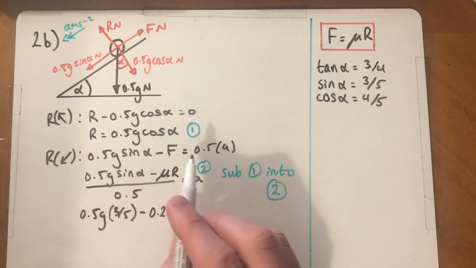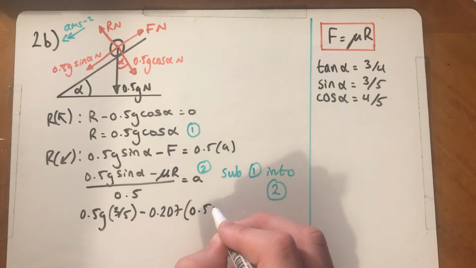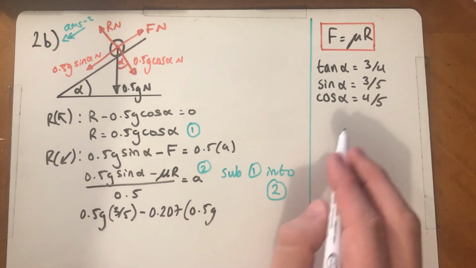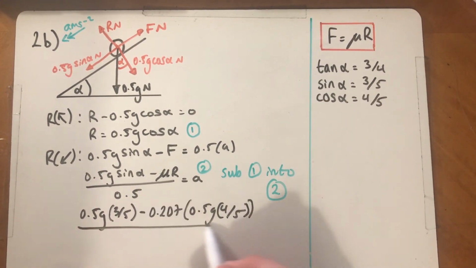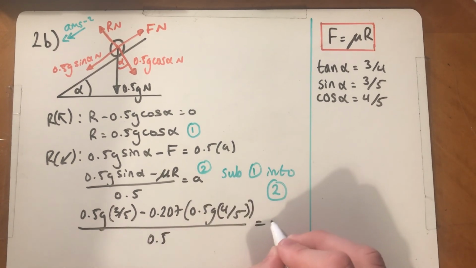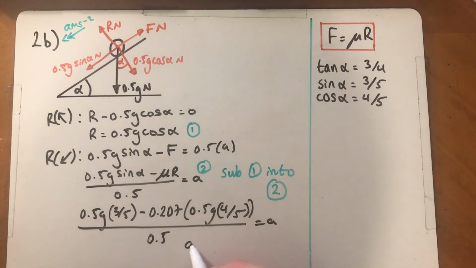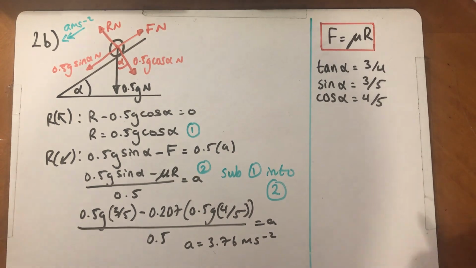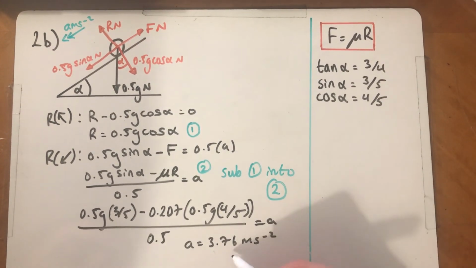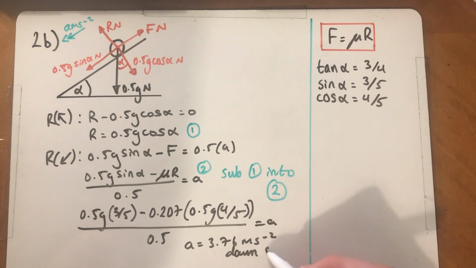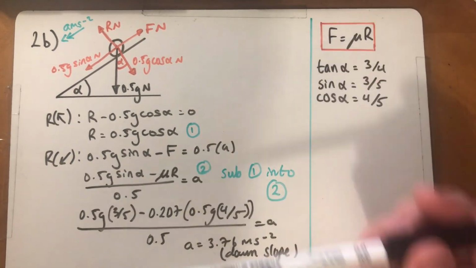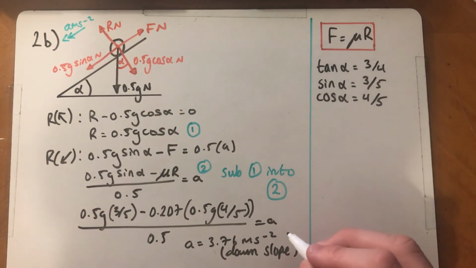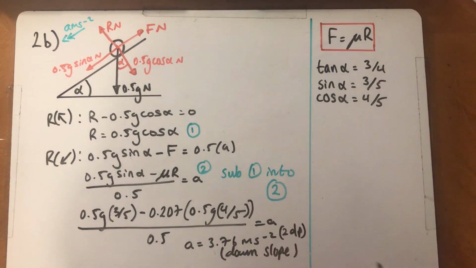Times the reaction, which is 0.5g cos alpha, and I know that cos alpha is 4 over 5, so I'm going to substitute that in as well, divided by 0.5 is equal to a. We should get a value of a being 3.76 meters per second squared, and that is acting down the slope. It's positive, and we've taken this direction to be positive. So the acceleration is 3.76 to 2 decimal places, acting down the slope.